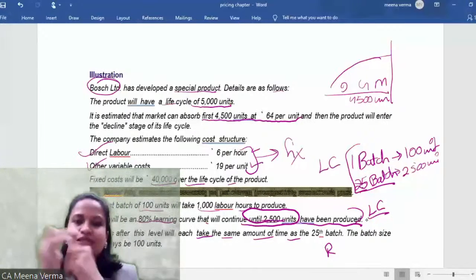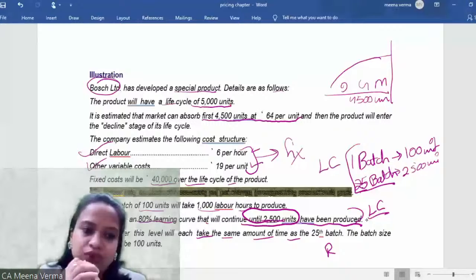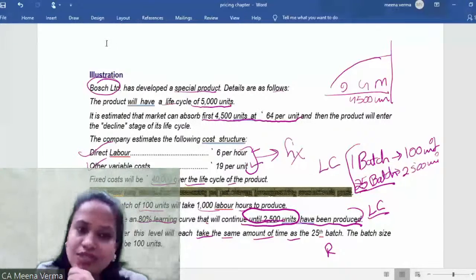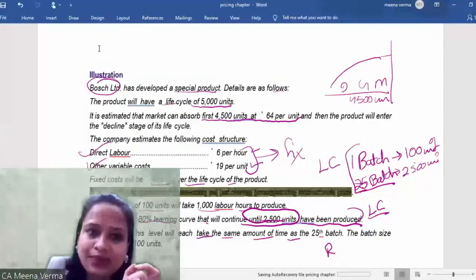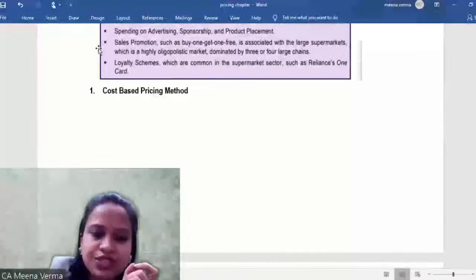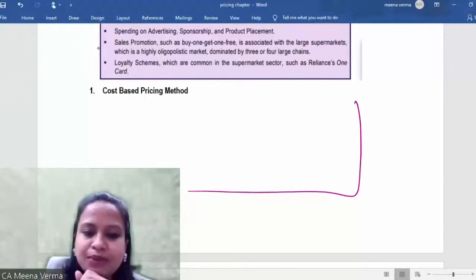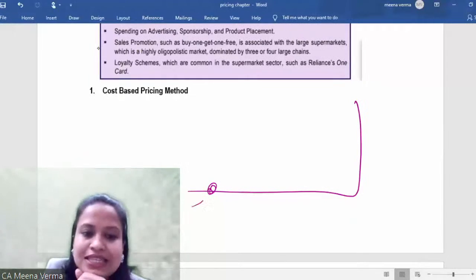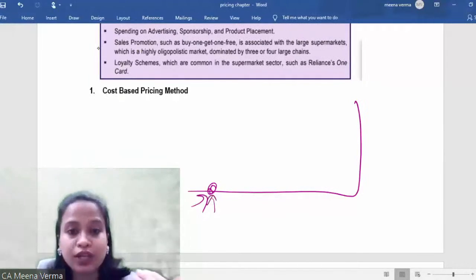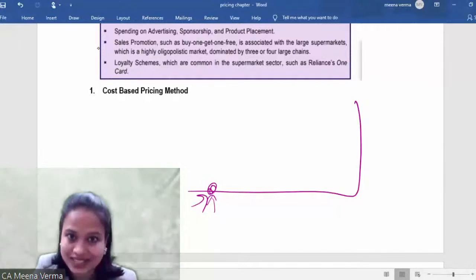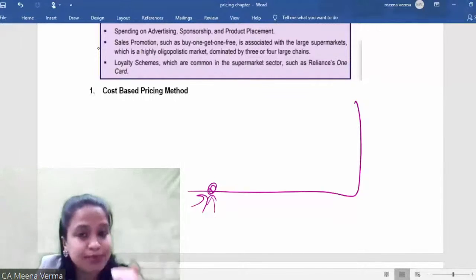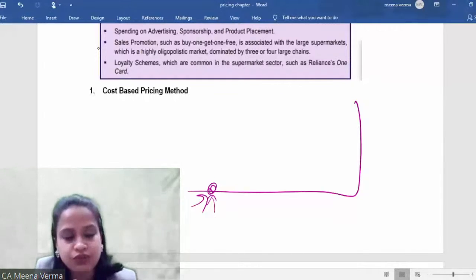Now see, what is this learning curve? I think you have not studied this concept in your CA Inter. Learning curve means, with time, for example, my new labor is inefficient. For example, after becoming a CA, when you join an organization, you will be less efficient compared to the people who have been working for a long time.